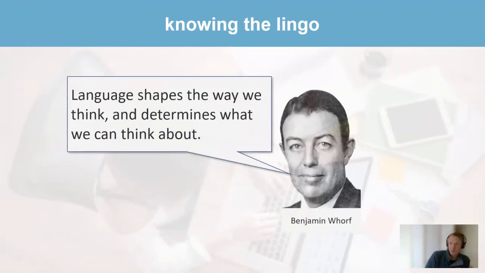Quote from linguistic relativism here, the idea being that it's quite hard to understand something if we don't have the language to talk about it. So what point I'd like to make here is that with computer language, with computers, there's loads and loads of terminology and words and phrases that we hear.